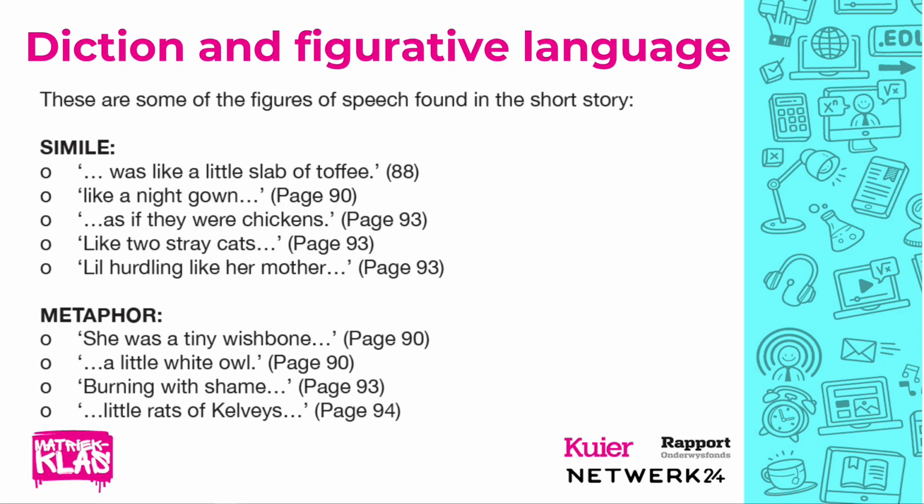So, some short stories, excuse me for that, don't have a lot of figurative language, and some do. And the purpose of figurative language is often to sketch a picture for you. So the author wants you to be able to visualize this. And if you think back to my example, when I said to you, the stray cats and the stray kittens, okay, then you're going to understand what I mean.